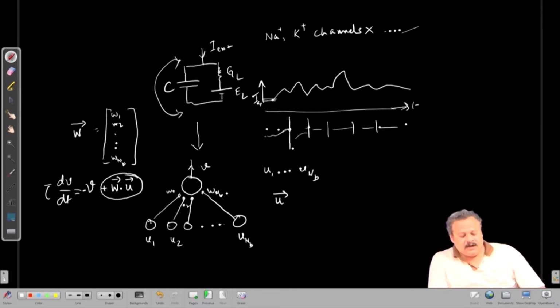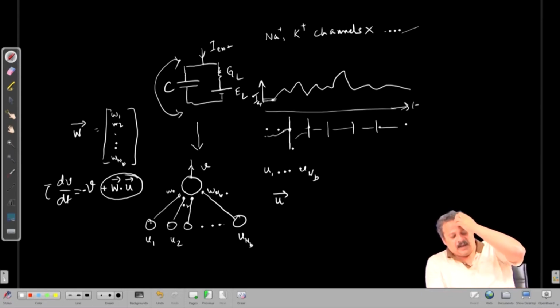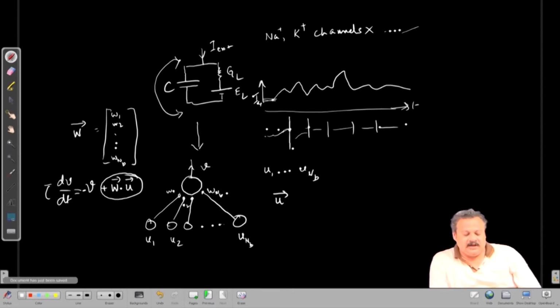What we are saying is that the output potential is always trying to go towards a steady state value where dV dt is 0, and basically a 0 steady state value when there are no inputs. And when there are inputs, V is increased by the rate of the inputs.